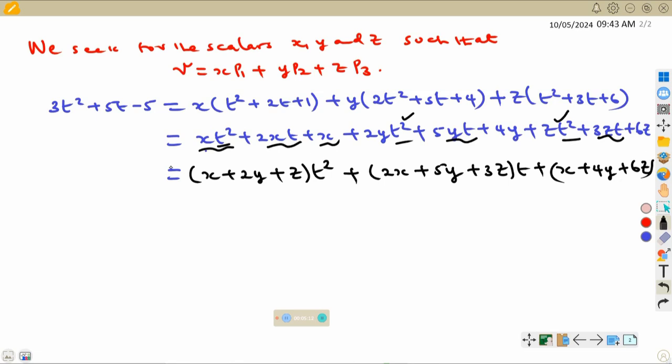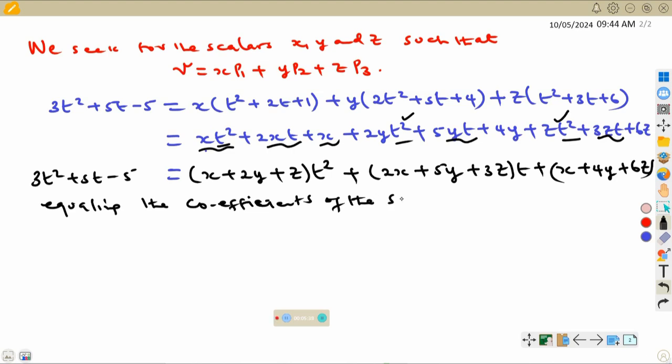But the whole of this is equal to 3t squared plus 5t minus 5. So we shall equate the coefficients of the same powers of t.